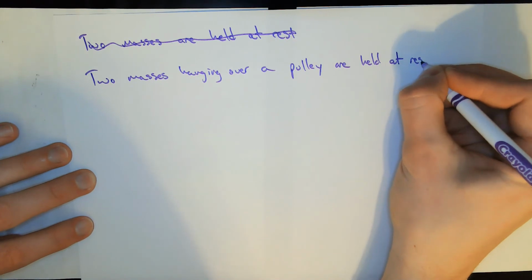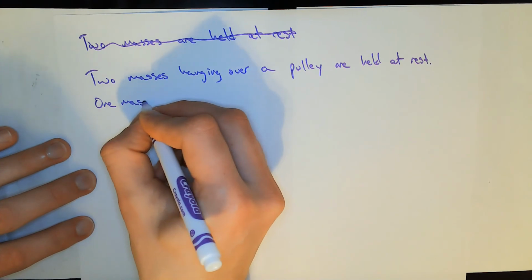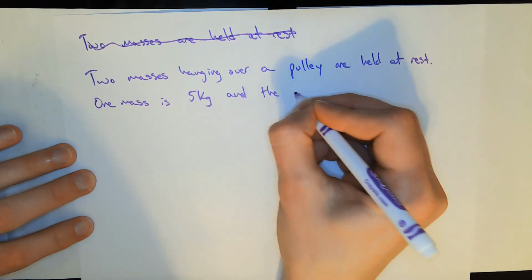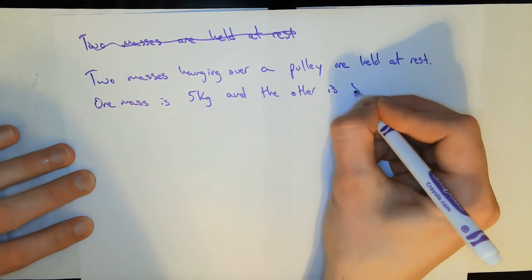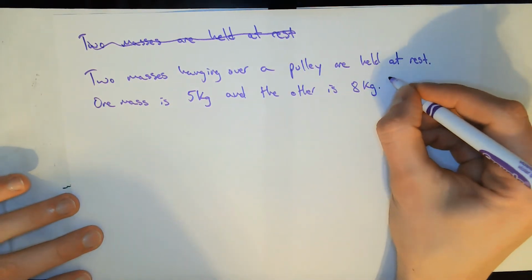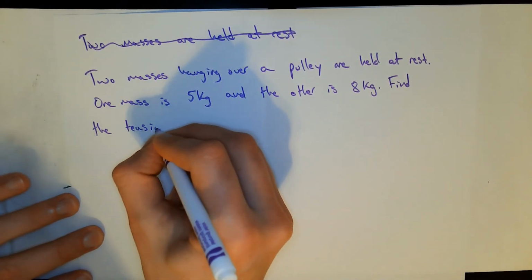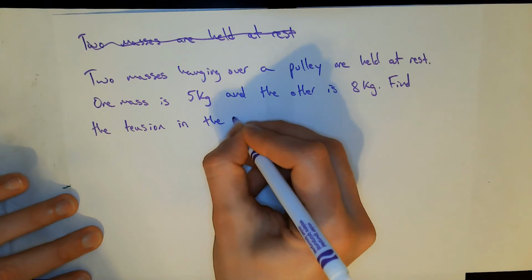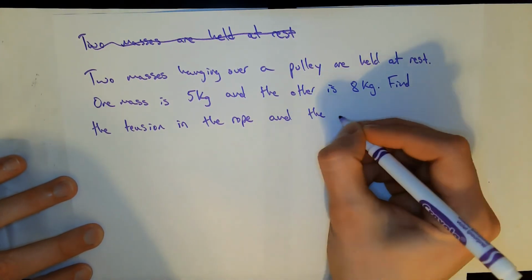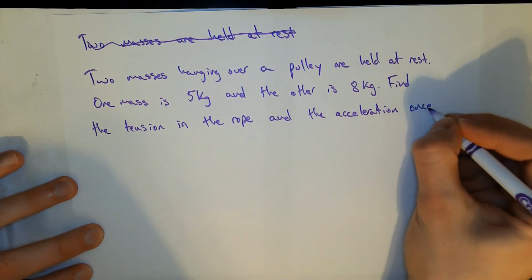So they're being held at rest. One mass is 5 kilograms and the other is 8 kilograms. Find the tension in the rope and the acceleration once the objects are released.